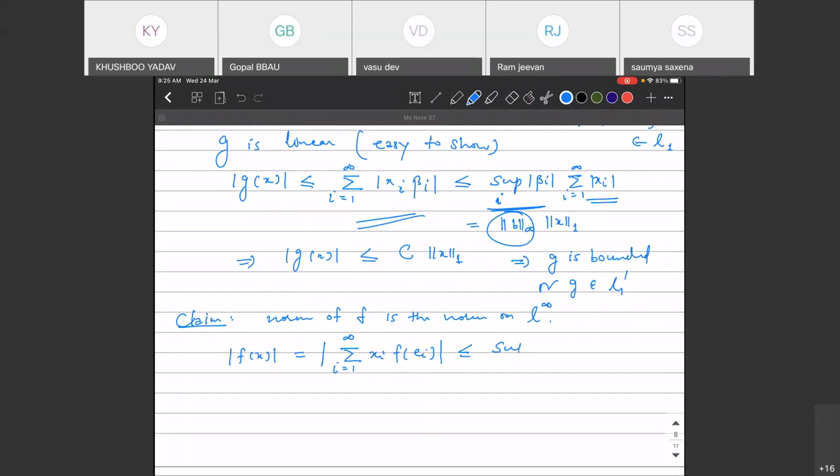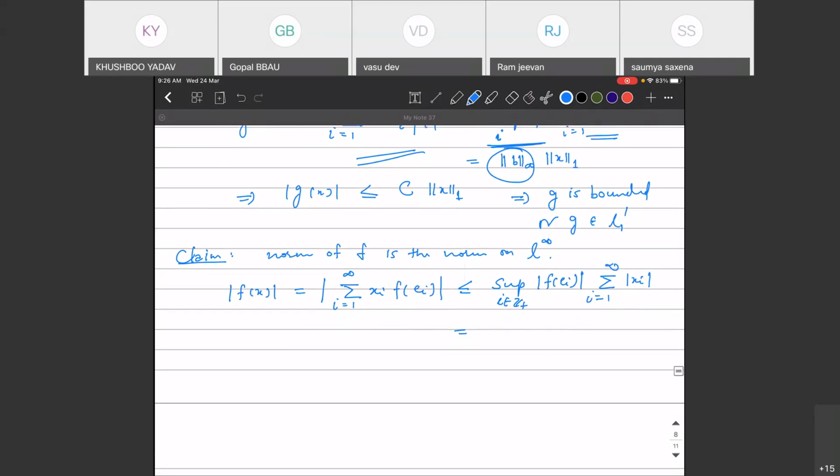So this is less than or equal to sup_i mod of f_i times summation i from 1 to infinity mod of x_i. So this part is nothing but the subnorm of f(e1), f(e2), and so on, and the one norm. Do you see this? Yes, sir.